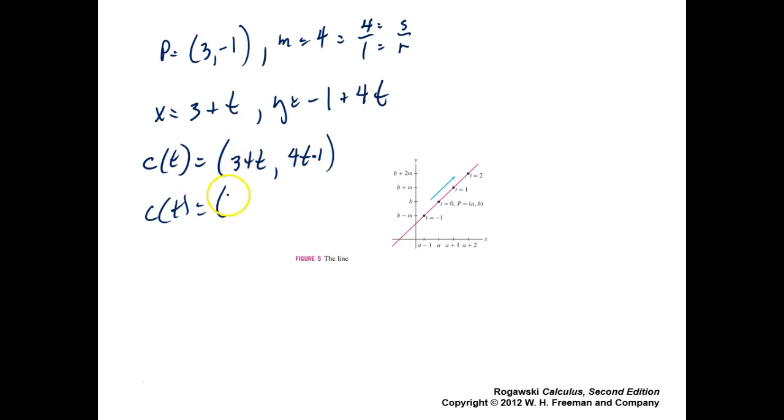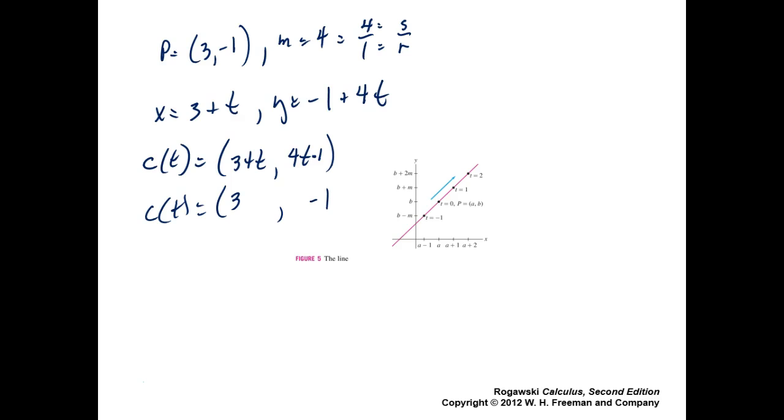You can pick any thing. Now, basically, the 3 and the minus 1, they're going to have to stay the same. But you can pick any other ratio that makes S over R be 4.